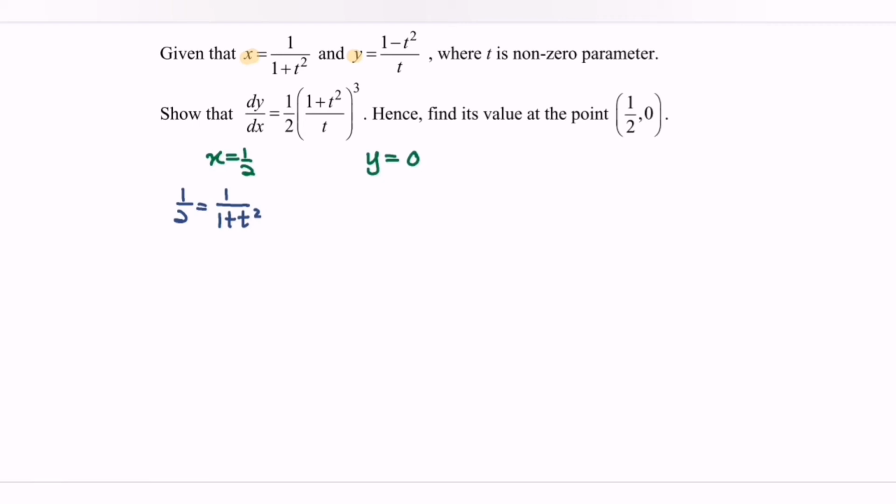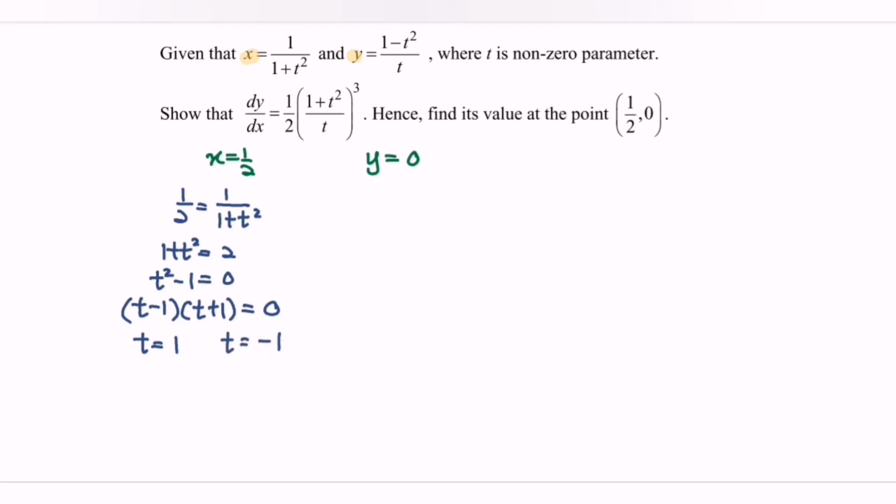Simplifying, 1 plus t squared equals 2, so t squared minus 1 equals 0, where (t minus 1)(t plus 1) equals 0. So t equals 1 or t equals negative 1.